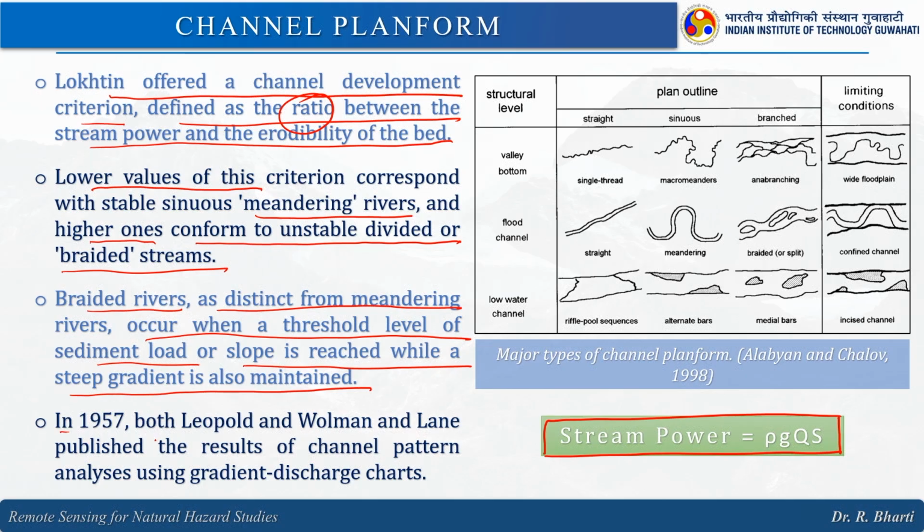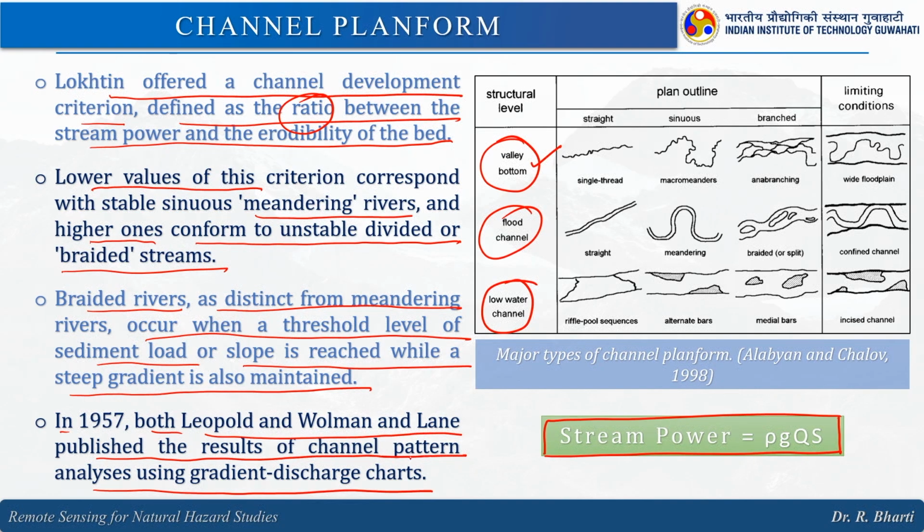In 1957, both Leopold and Wolman and Lane published the result of channel pattern analysis using a gradient-discharge chart. So here you can see this is different structure level: the valley bottom, flood channel and then low water channel.